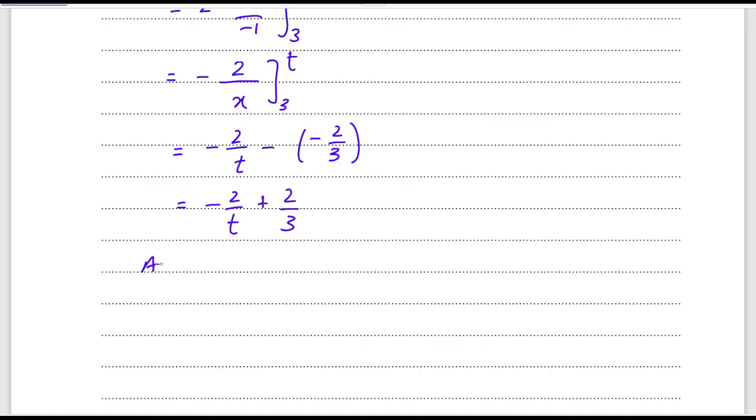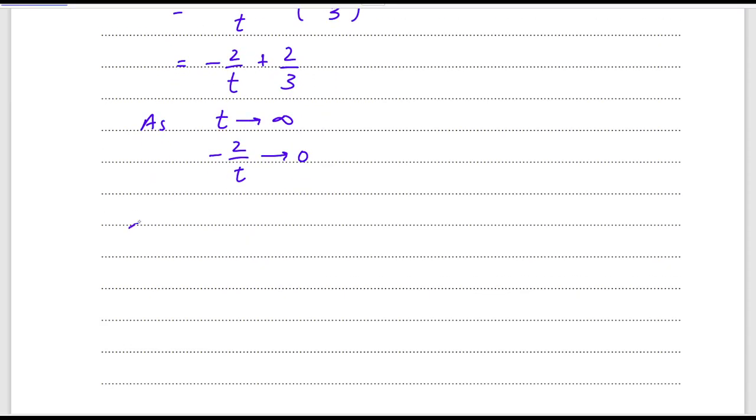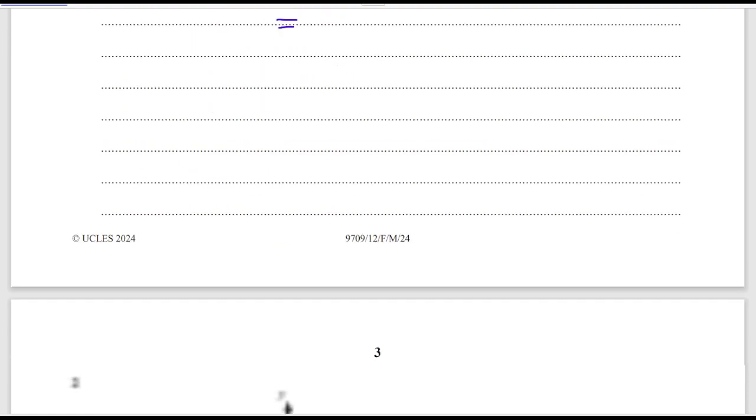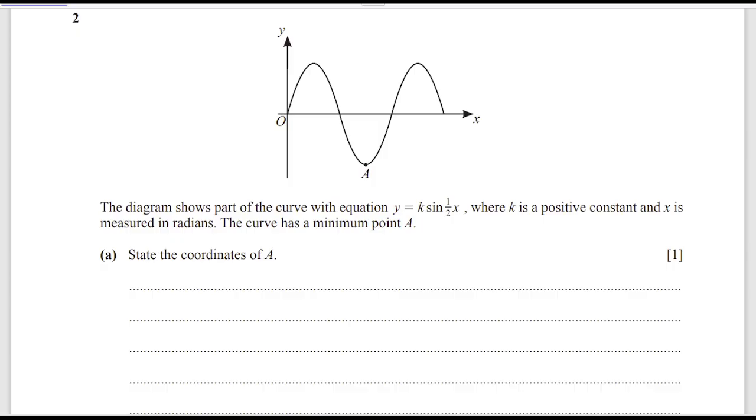Now, as t approaches infinity, the expression minus 2 over t approaches 0. So the given integral from 3 to infinity of 2 over x squared dx is equal to 2 over 3. So basically this improper integral approaches 2 over 3, which is the required solution.